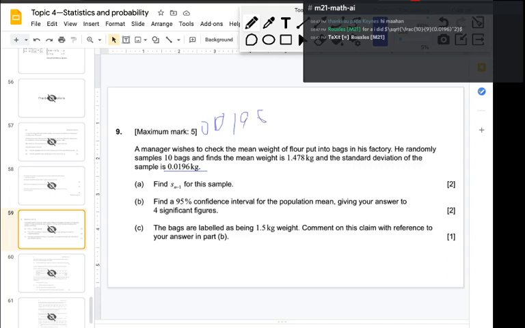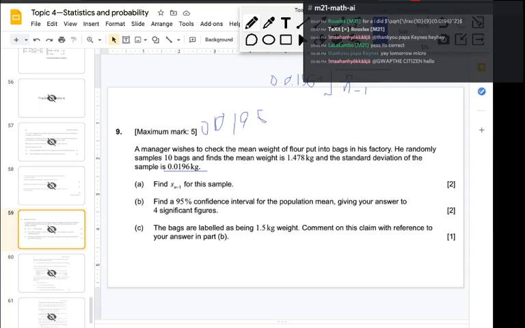You don't have to remember this, just check your formula book and you would know that the formula is the standard deviation times the square root of n over n minus 1. The n would be 10. You just insert 10 in the formula, and that would give you the final result.